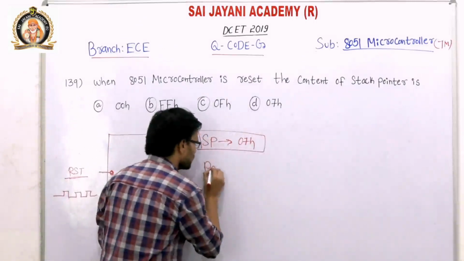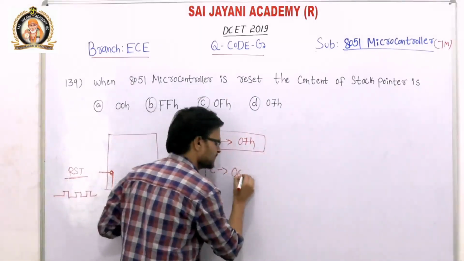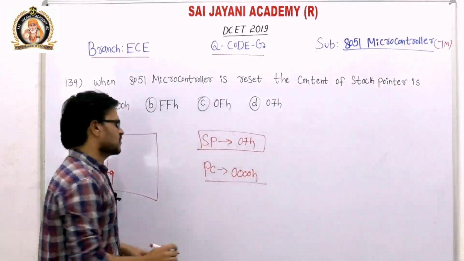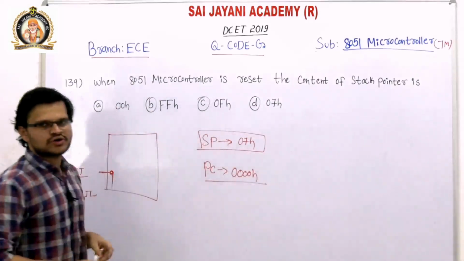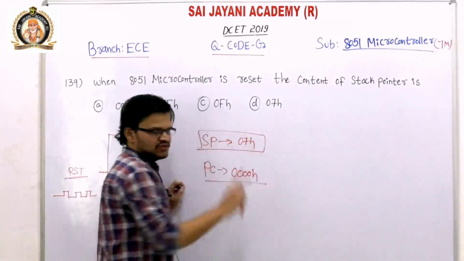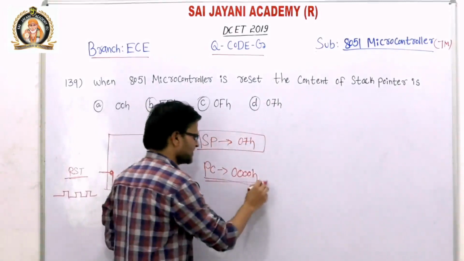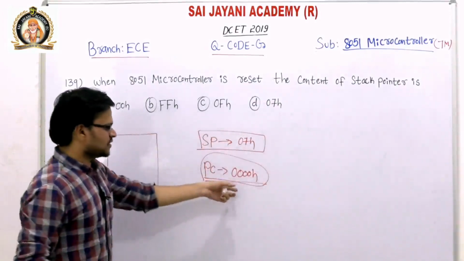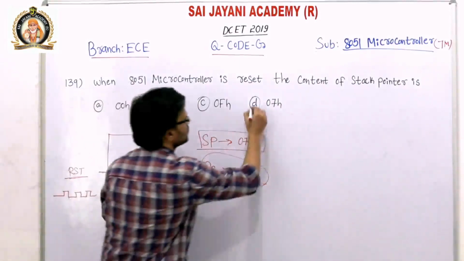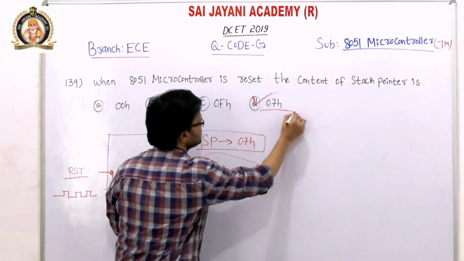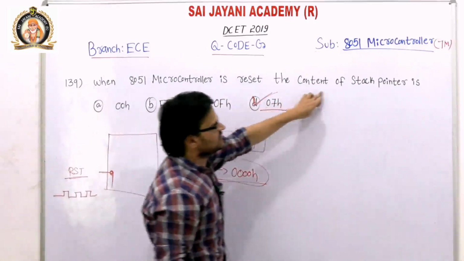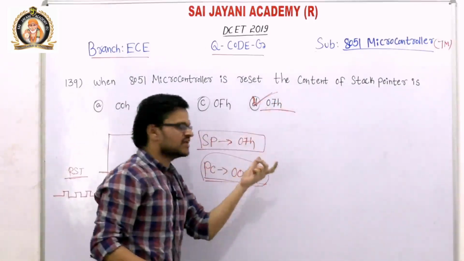Similarly, the program counter is loaded with 0000H. So the right option is the fourth one, that is 07H. When the 8051 microcontroller is reset, the content of the stack pointer is 07H.